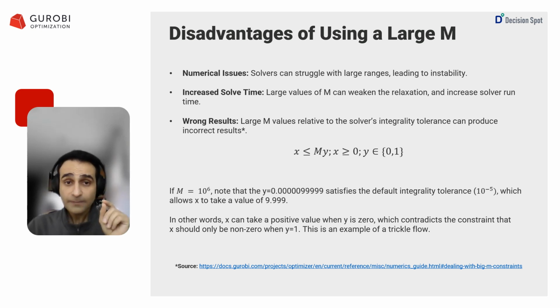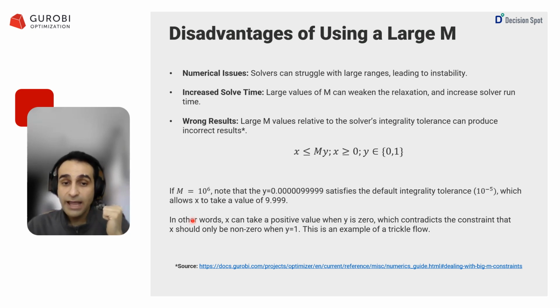Second, using a large M leads to an increased solve time because it weakens the relaxation. So the solver has to search through a lot more nodes in the feasible space, which increases the runtime. Third, using an excessively large M can lead to incorrect results. Consider the example from the previous slide again.